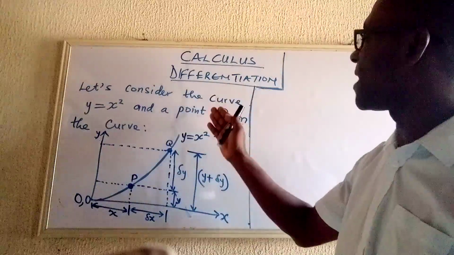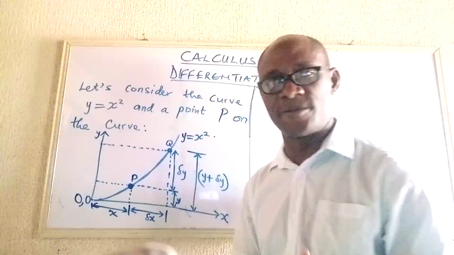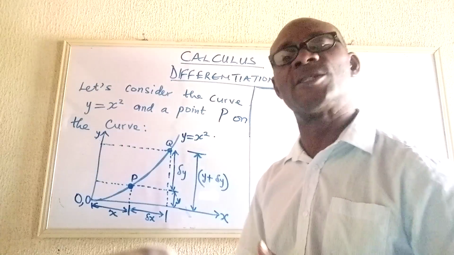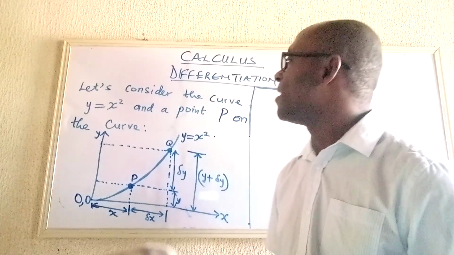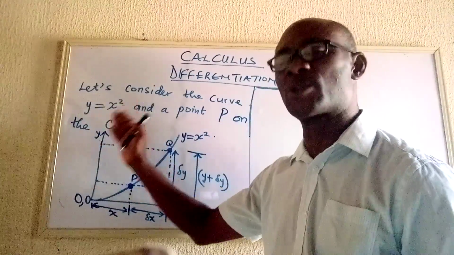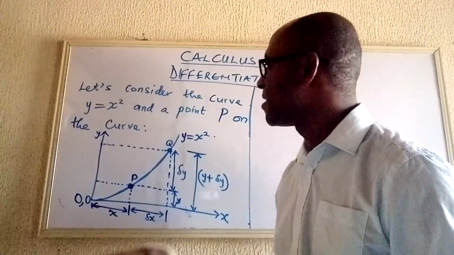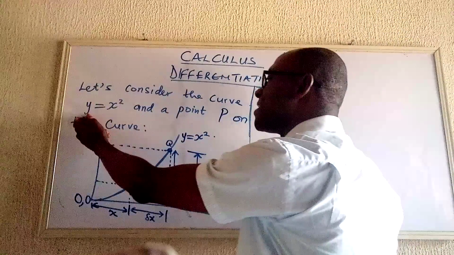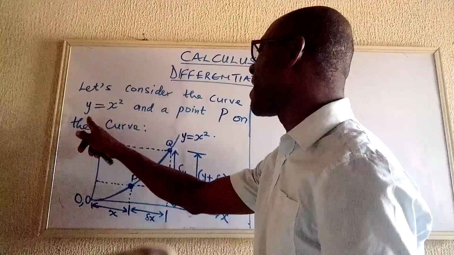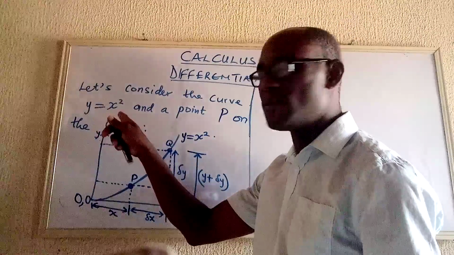Let us consider a curve. This time around, it's a curve. It's not a straight line. And let the curve be y equals x squared. That is, y is a function of x, meaning y depends on x.